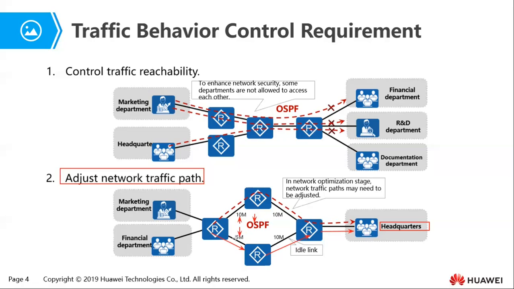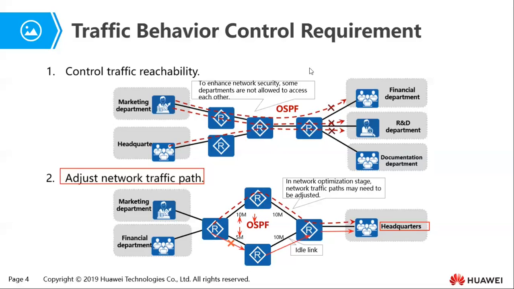So this one has 5 Mbps, for example, this one has 10 Mbps. So generally, this packet is always going to be forwarded through this route and not this route because of the cost.